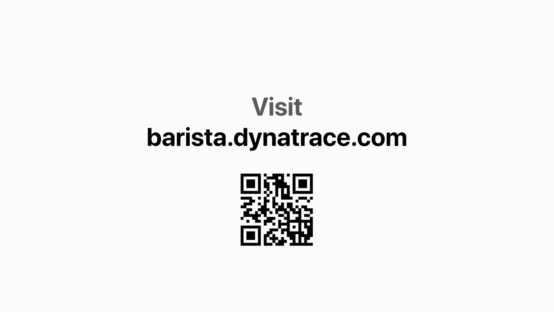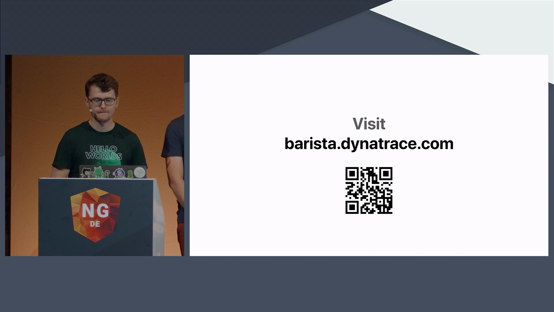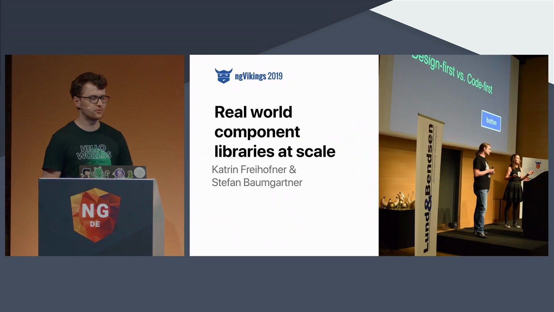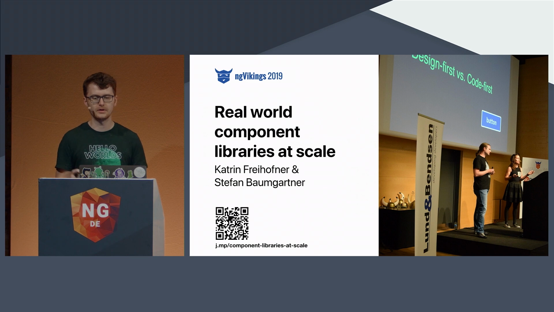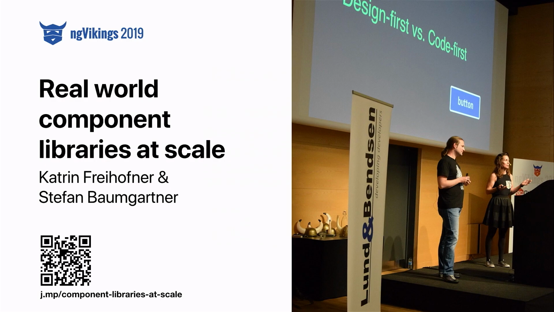If you're interested, please check it out yourself. We have a public version of our design system on barista.dynatrace.com, or you can use the QR code. If you want to hear more about how we scale our component library, please also check out the awesome talk our colleagues Katrin and Stefan gave at this year's NG Vikings.